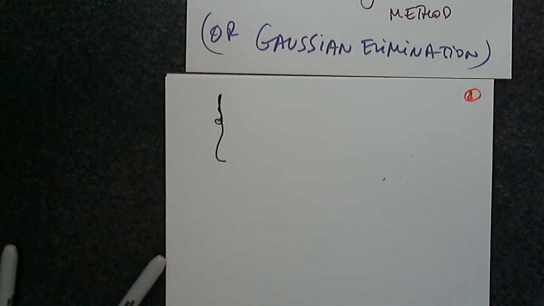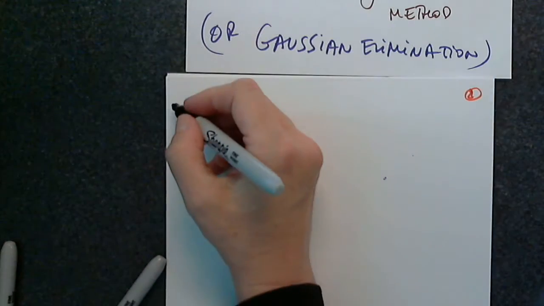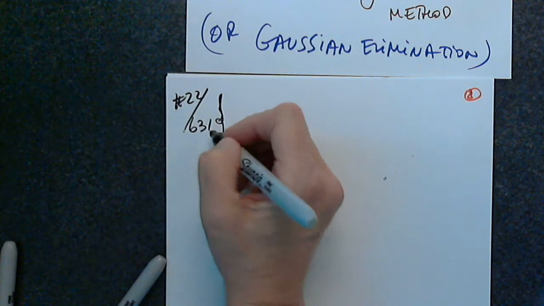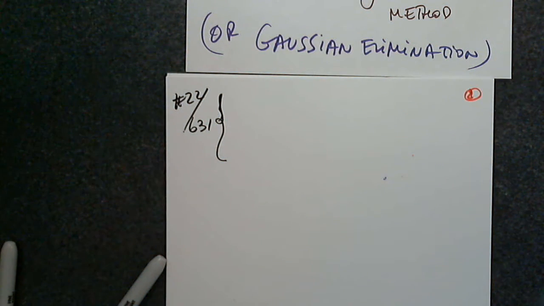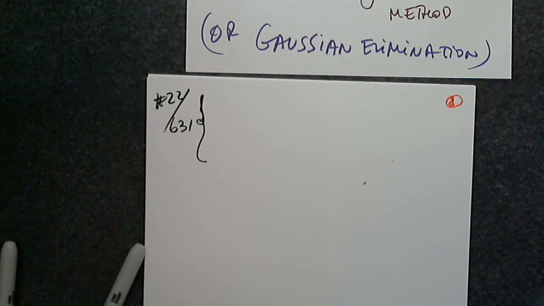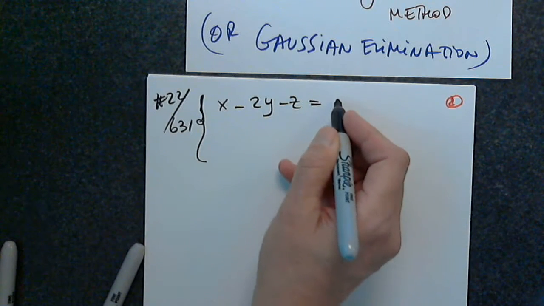This is from page 631. Let's say I'm going to start with problem 22. Then you choose the next and the next and the next. I caution you that the first problem will take like forever, but then it will be easier and shorter. I have a lot to tell you about this method, that's why.